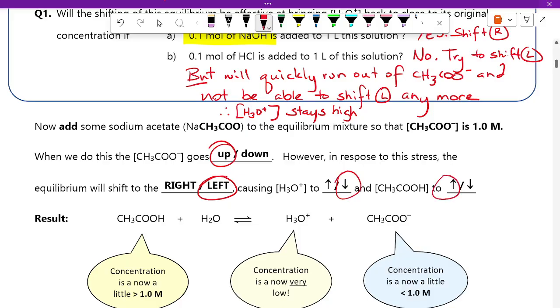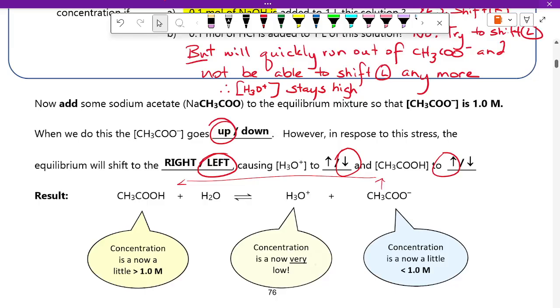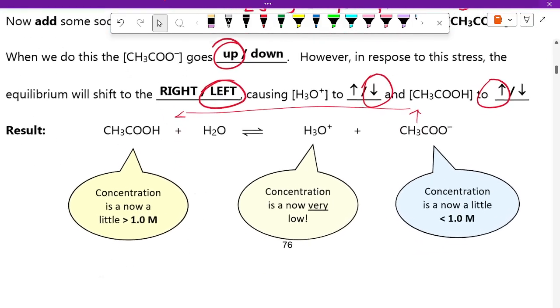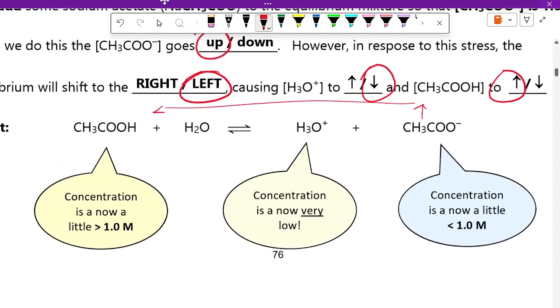Okay, so we had added some of this, it shifted this way. And so now what we have is CH3COOH. It's now a little bit bigger than 1 molar because we shifted that way. Our CH3COO minus is now a little bit less than 1 molar because we added 1 mole to 1 liter, but it shifted left.